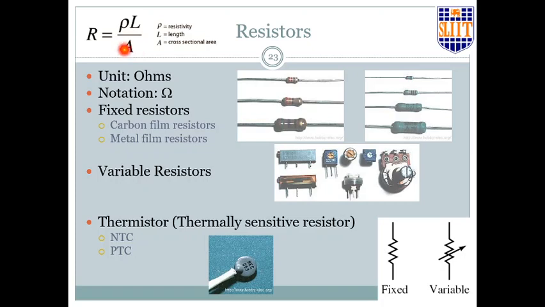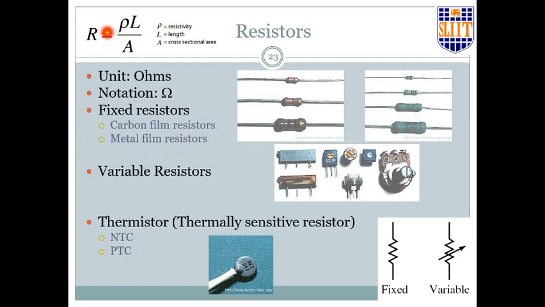The resistance of a resistor is given by R equals rho L over A. Rho is the resistivity, L is the length of the resistor, and A is the cross-sectional area.